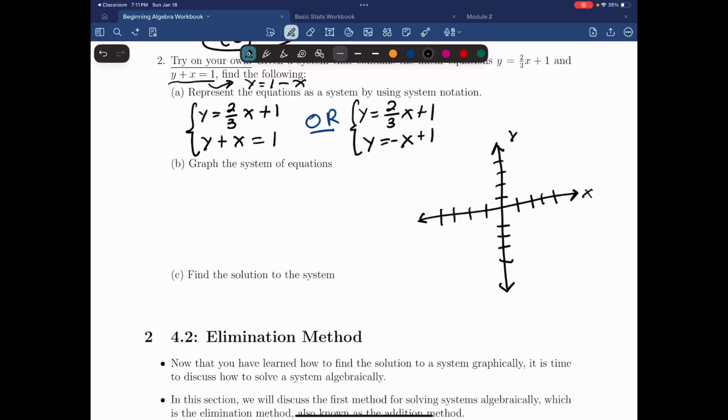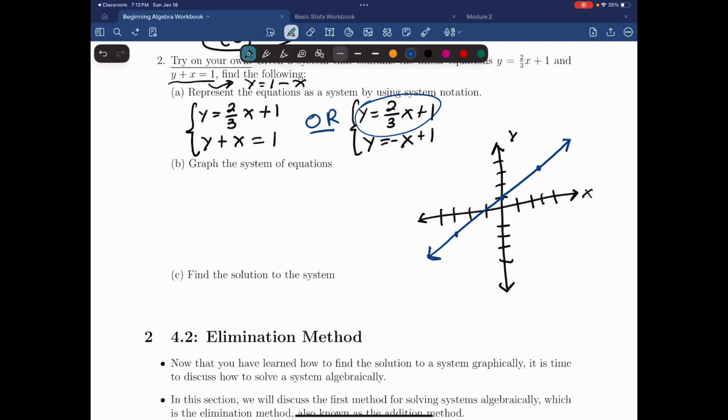And now, our first linear equation, I'm going to do blue, and our y-intercept is at 1, and our slope is 2/3. So I'm going to go up by 2 and right by 3. And then I'm going to go down by 2, 1, 2, and left by 3, 1, 2, 3. So this is what our first line looks like.